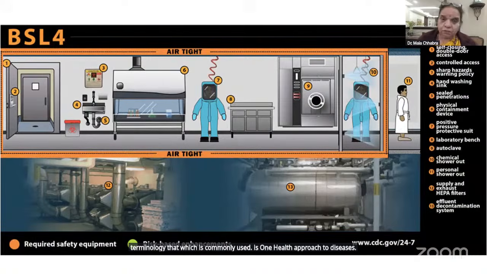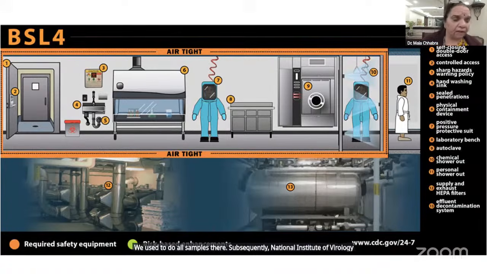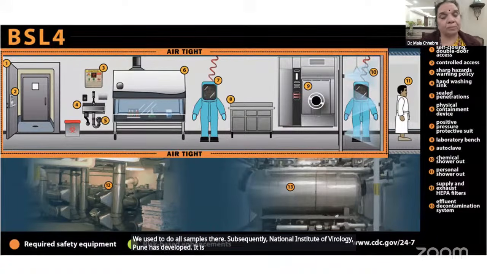So for certain organisms, we will have to use this One Health approach, and we test both animal and human samples judiciously after assessing the risk in these laboratories. When HSADL Bhopal, the veterinary laboratory, existed, we used to do all the animal samples there. Subsequently, the National Institute of Virology Pune was developed, a state of the art laboratory.